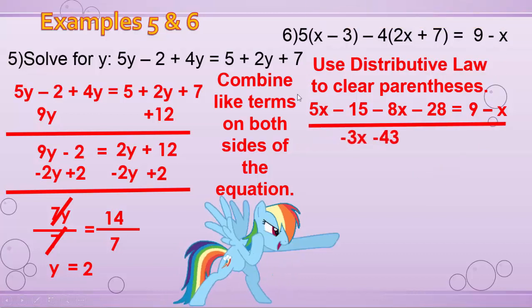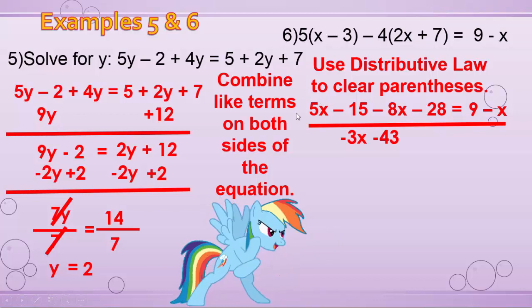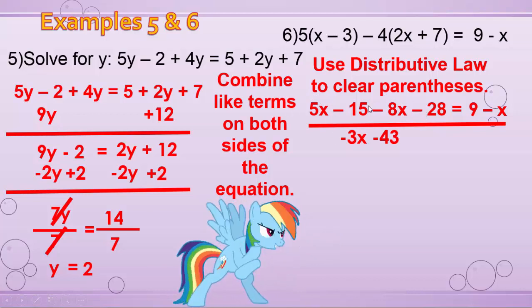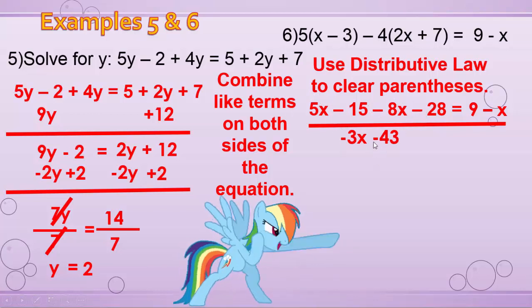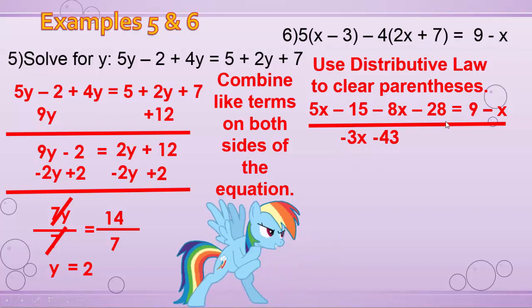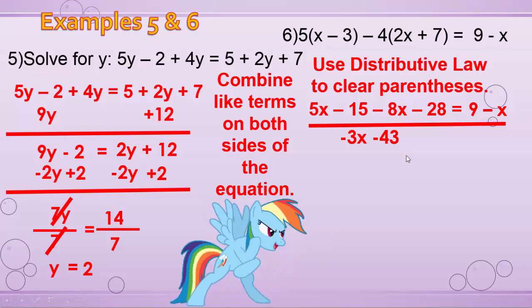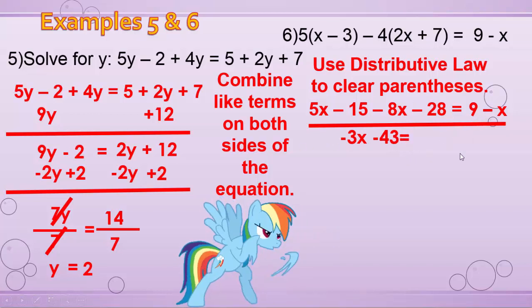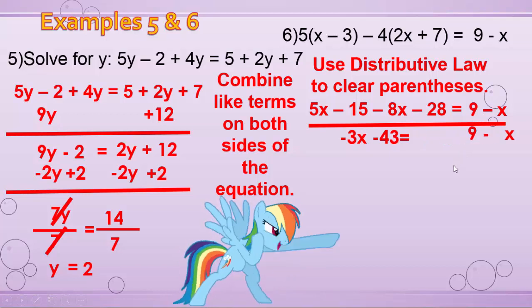Now I combine the like terms. So when I combine the 5x and the negative 8x, I get negative 3x. And when I combine the negative 15 and the negative 23, I get negative 43. And that's equal to 9 minus x.